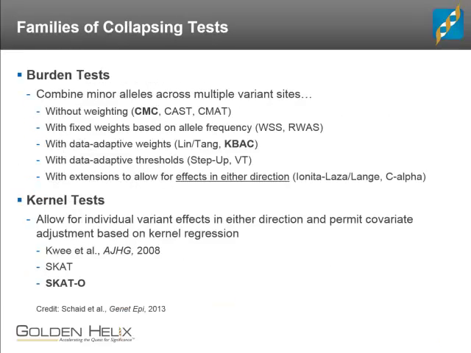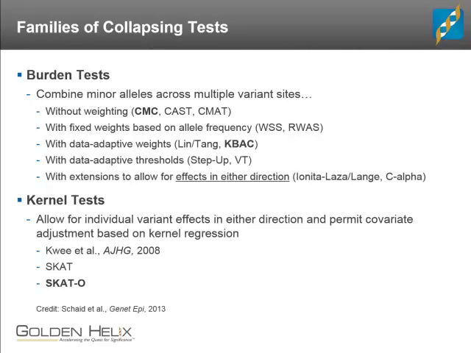There are 2 major families of collapsing tests depending on how you slice things up. Here it's based on a paper from Dan Schaid in Genetic Epidemiology a couple of years ago, where they're defined primarily as either burden tests or kernel tests.